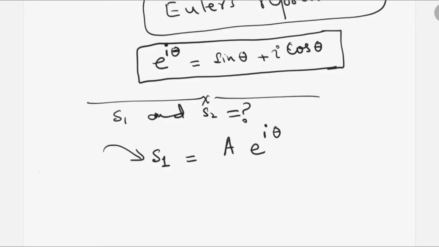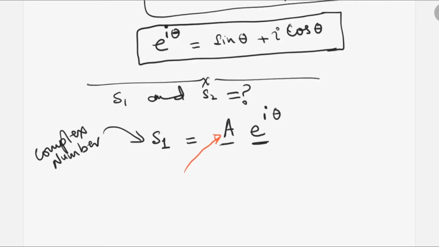This A is the magnitude of the complex number. And what is this? It is the phasor. So this is the information of the phasor, and this is the information of the magnitude.